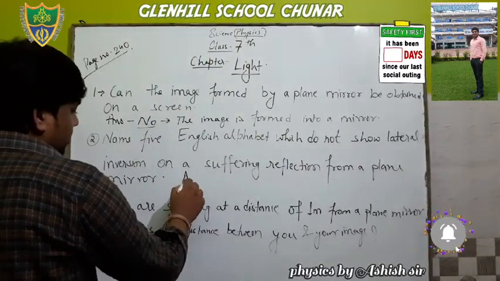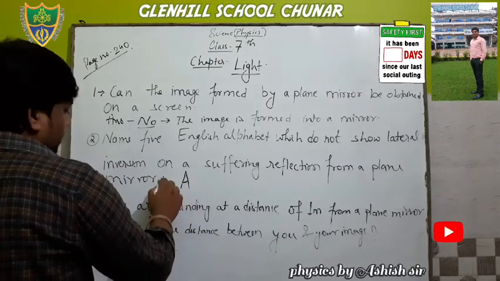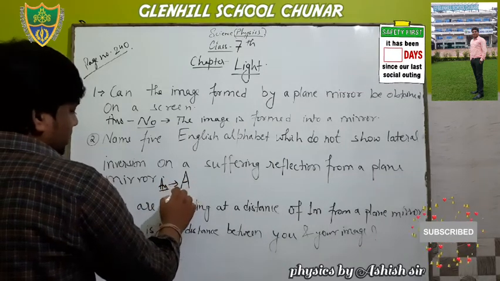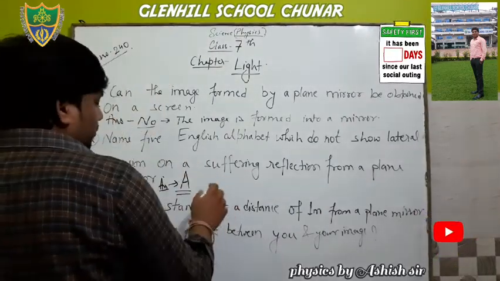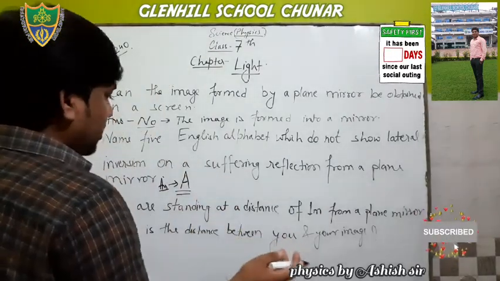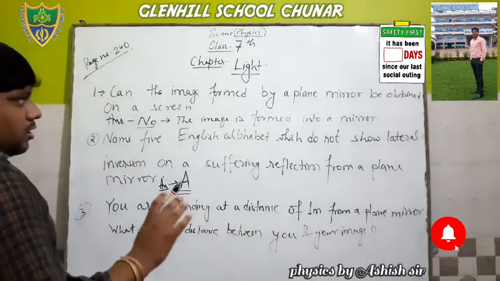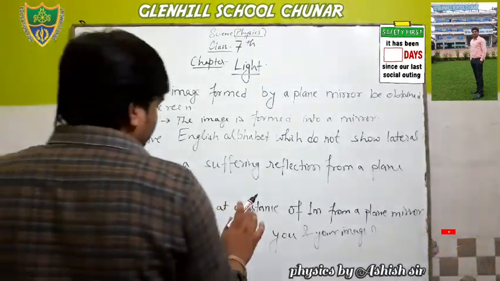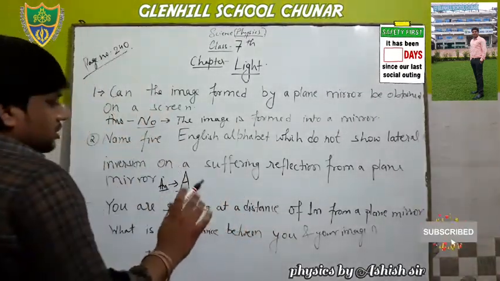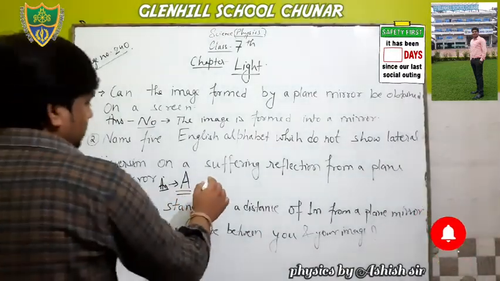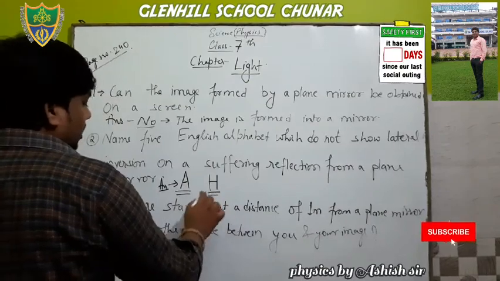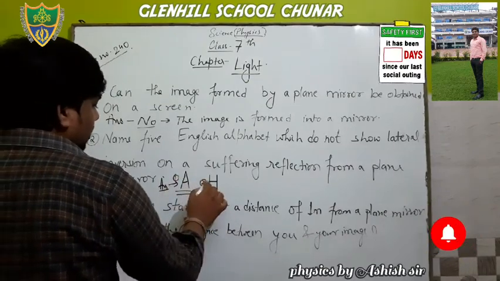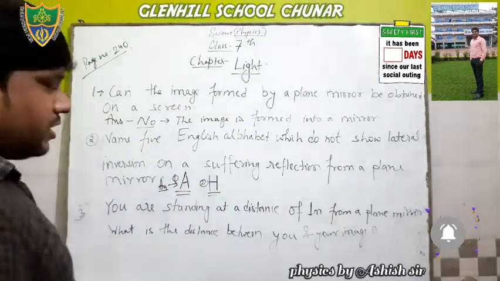So the first letter is A. Your answer is, first letter is A. B is not, C is not, D is also not, E not, F not, G not, H. After lateral inversion, H is also not laterally inverted.